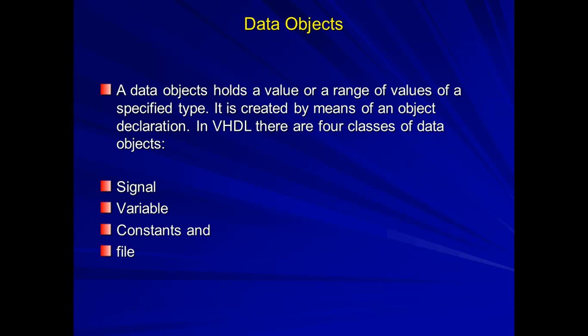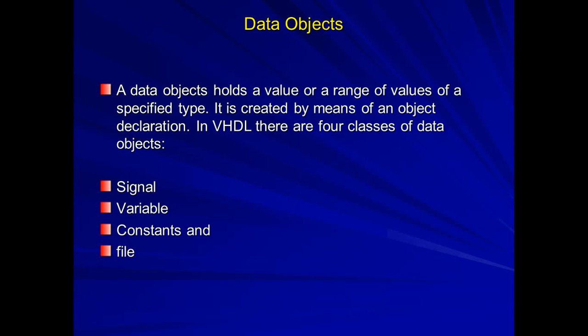This is about identifiers. Now, the second language element or language construct is data objects. A data object holds a value or range of values of specified types. It is created by means of object declaration. In VHDL, there are four classes of data objects.